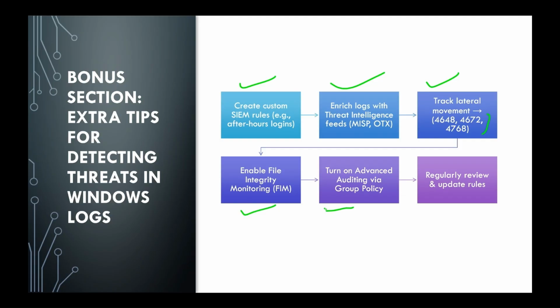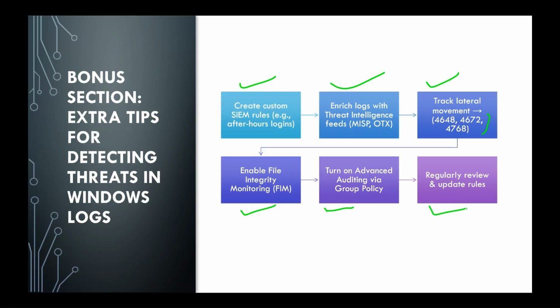Review your Windows log detection rule queries at regular intervals for new attack techniques, e.g. TTPs, tactics, techniques, and procedures from the MITRE ATT&CK framework, changes in your IT infrastructure like new servers, services, or users, and incident data from previous events, to refine queries based on actual attacker behavior. By doing so, you will ensure your detection capabilities are always optimized and able to pick up the latest threats.